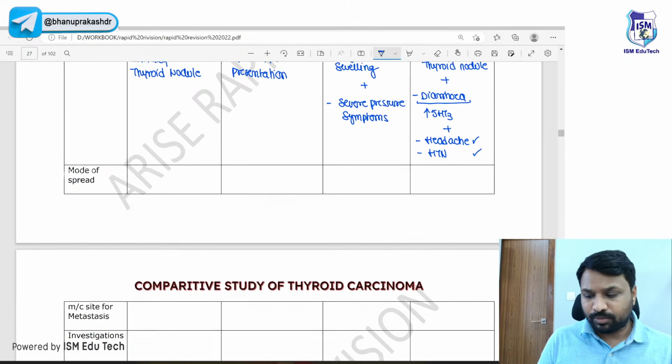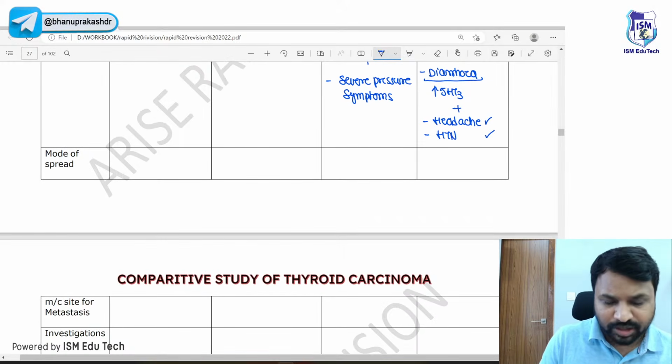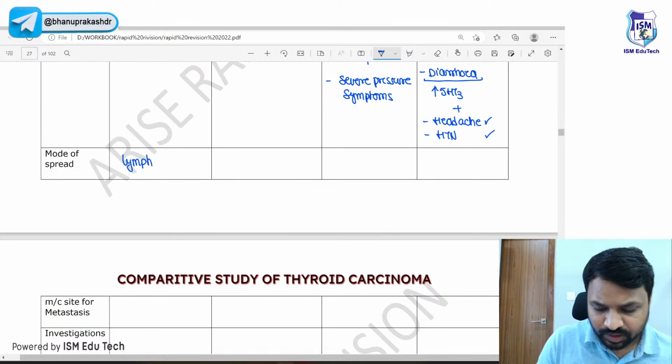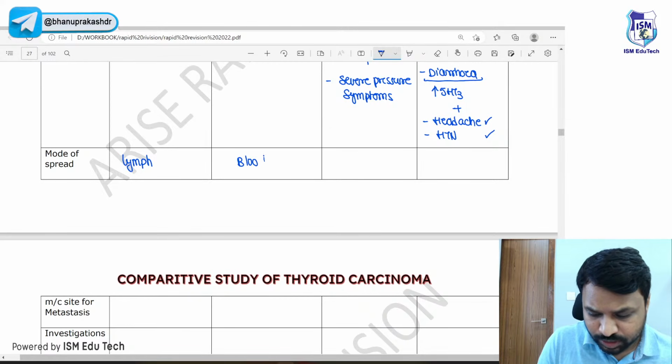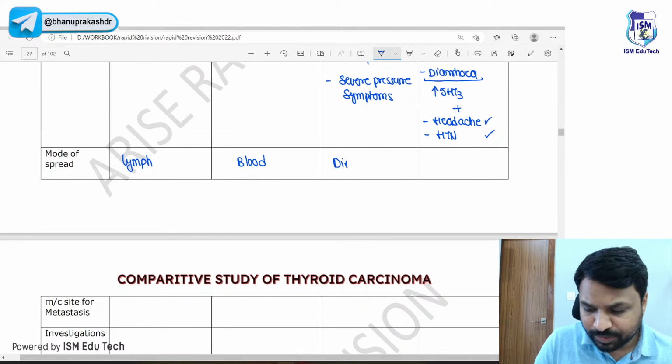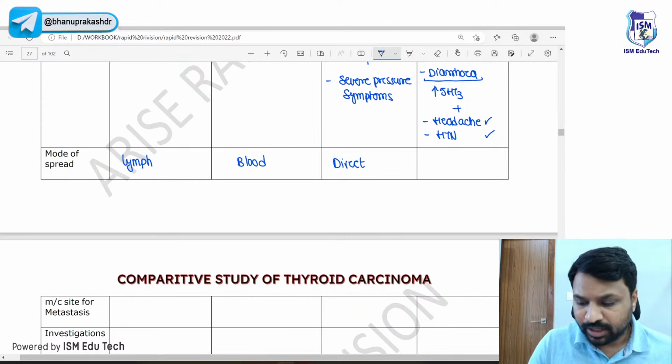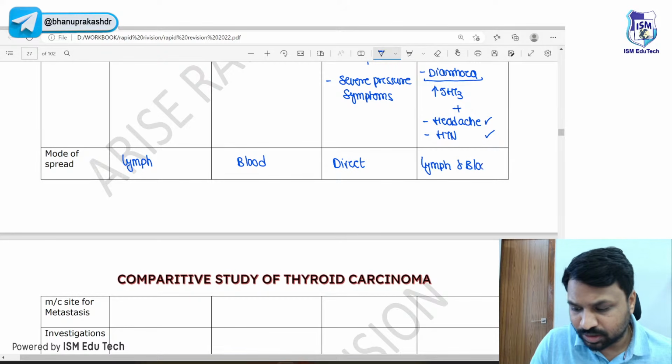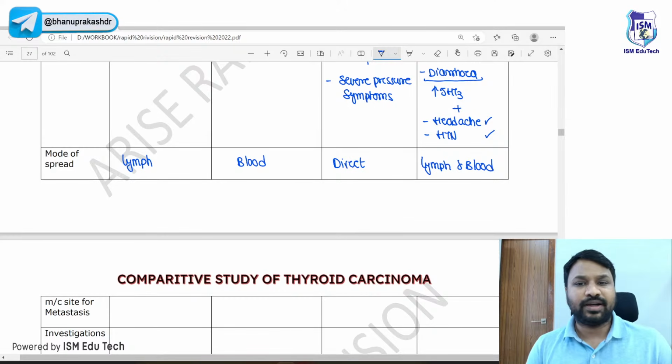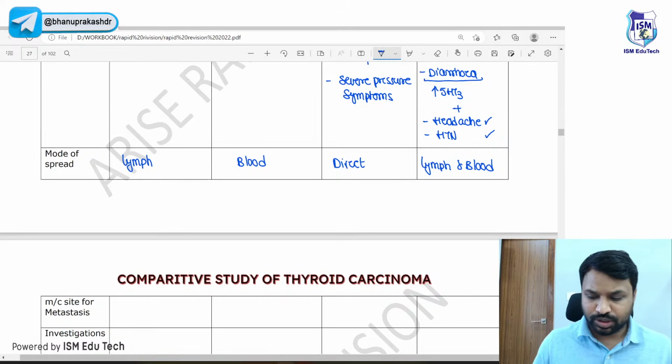Now, when you talk about the mode of spread, remember for papillary cancer thyroid, it is lymphatics. For follicular, it is hematogenous. For anaplastic, it spreads directly. And for medullary, it is going to be both lymphatics as well as hematogenous.